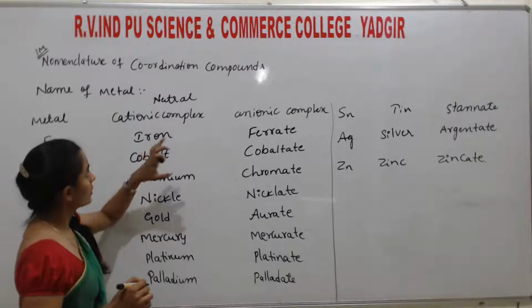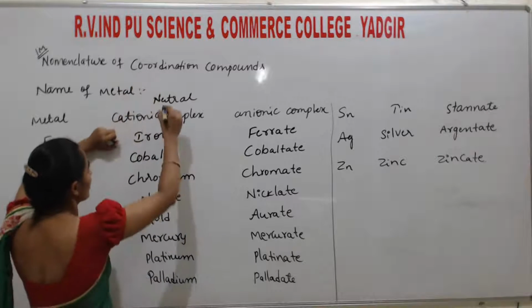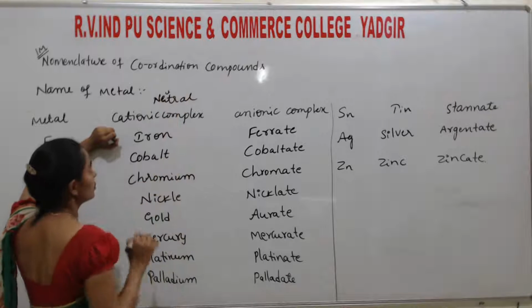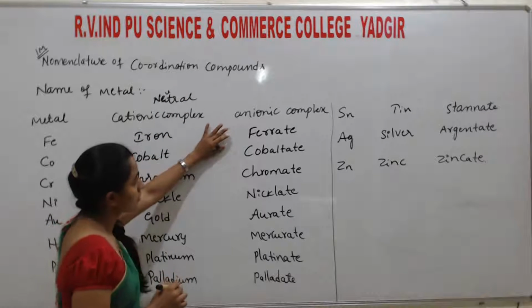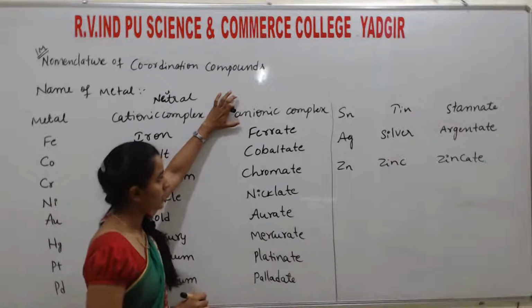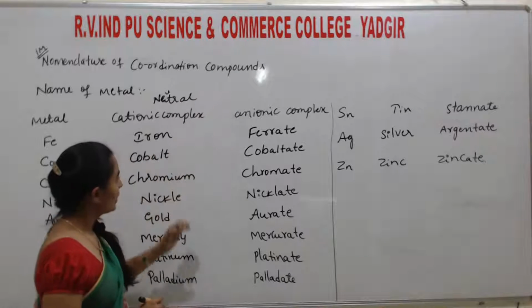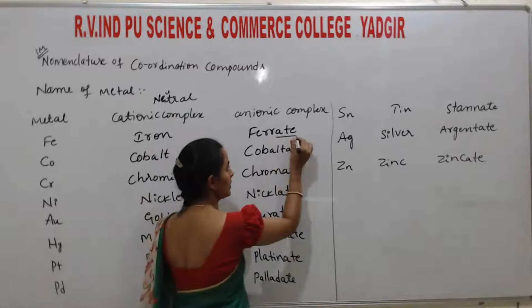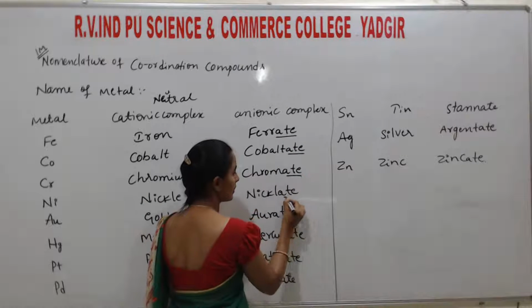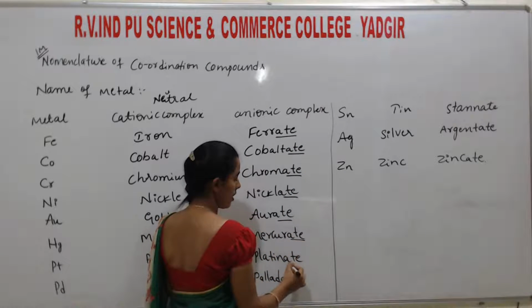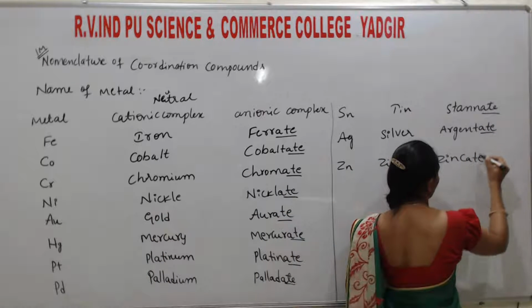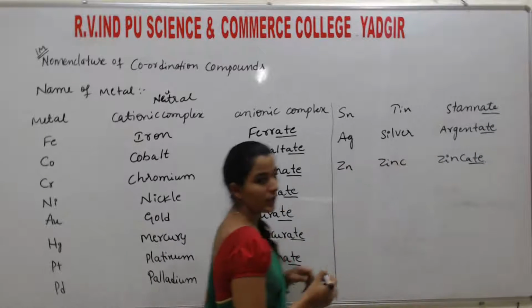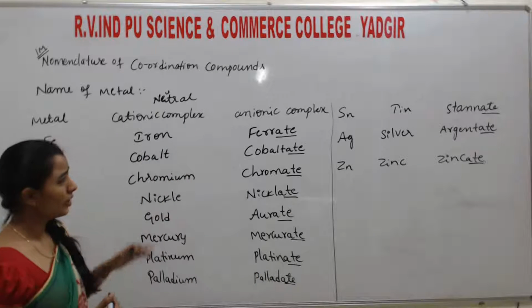Okay. Next, if anionic, the complex is dissociated as an anionic complex, then the name of the metal ends with the suffix ATE. Wherever you see it, the name of the metal at the end has the suffix ATE. Okay.